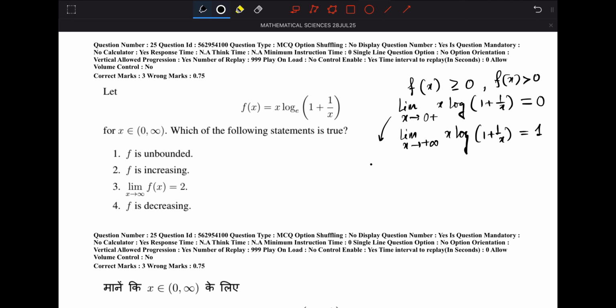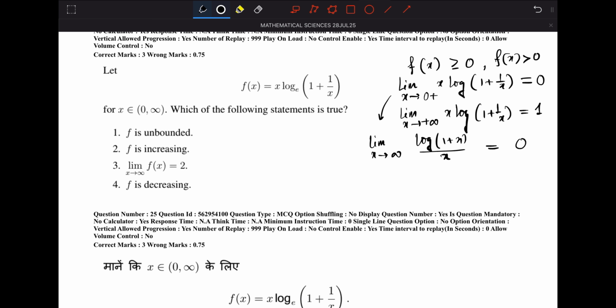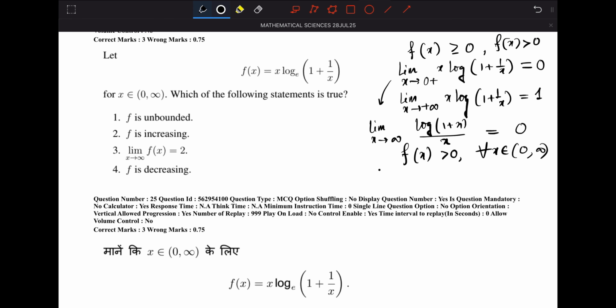Basically this is the limit of log(1 plus x) divided by x, and f(x) is positive for all x in (0, infinity). So the point is f(x) is bounded.